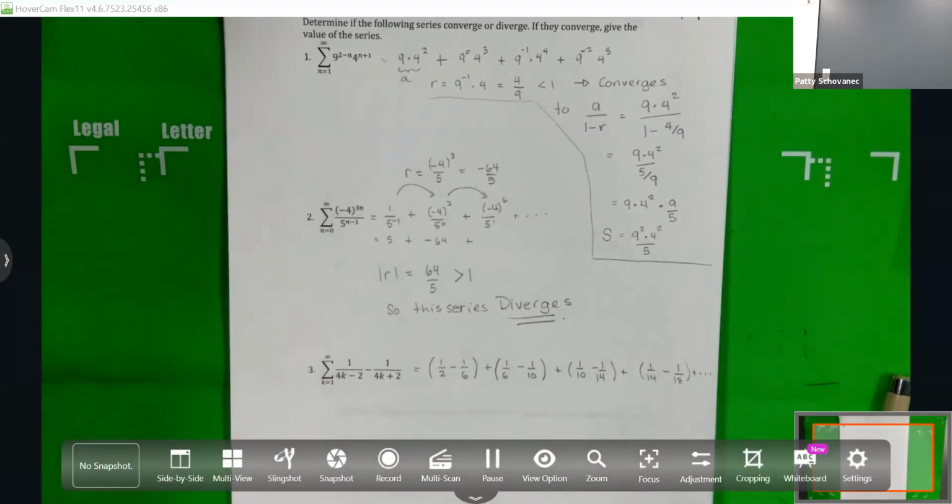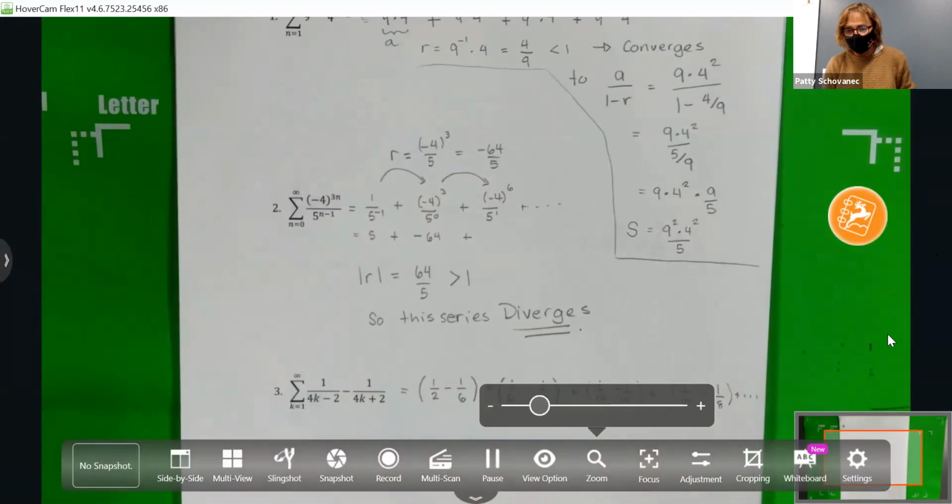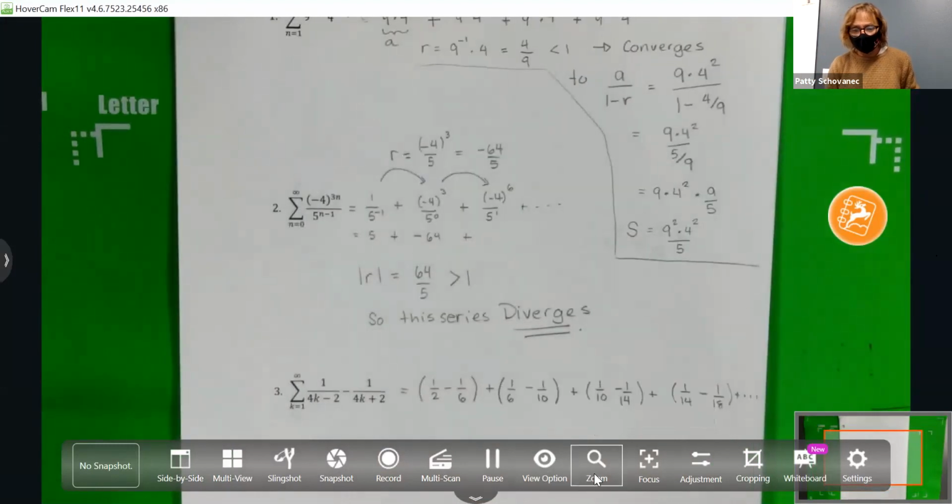Now look closely at that sum. Let's even make it bigger for you. What do you notice about this sum? Take those parentheses off. I put them on there so that you can separate the terms. But they're really not holding anything.